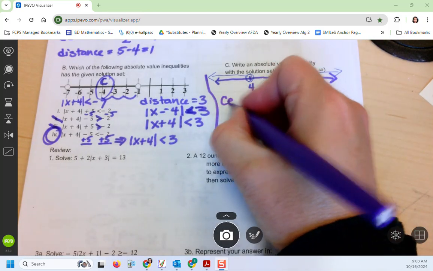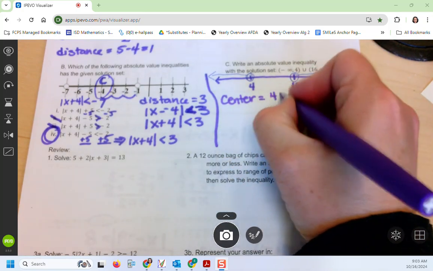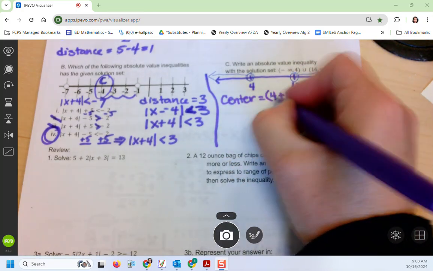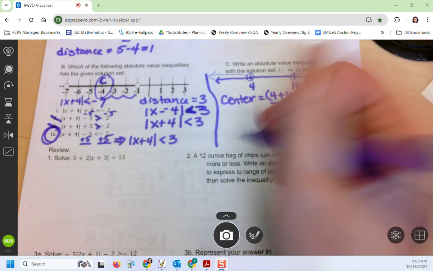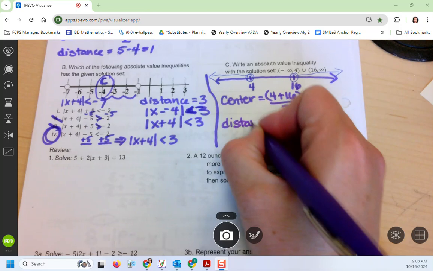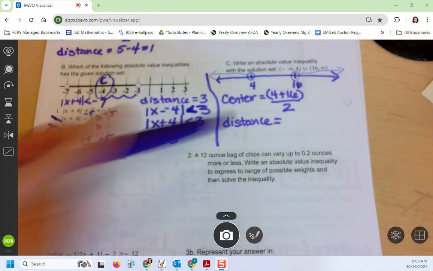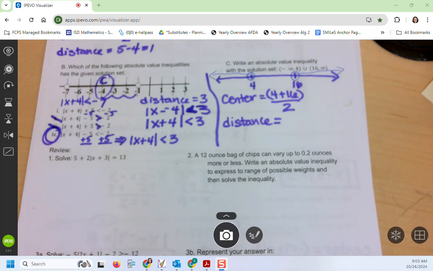So for the center, let's average 4 and 16. Once you find that, you can find the distance by subtracting. Go ahead if you haven't yet, find that one. If you have done that, you can work on the other problems on this page.